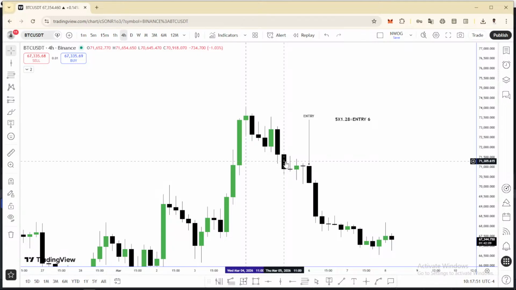We don't trade this candle, we don't trade this candle. We just put a marker here as entry, okay? And then rhythm will tell you whether we're going upward or downward within this region when you're counting for rhythm.